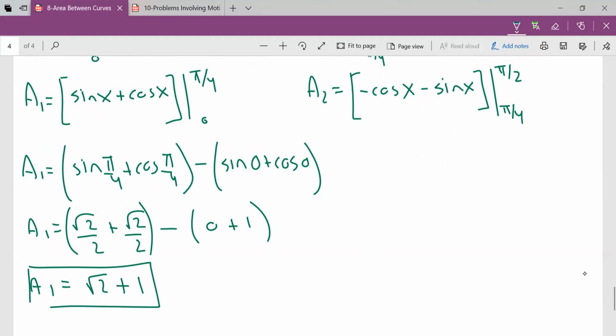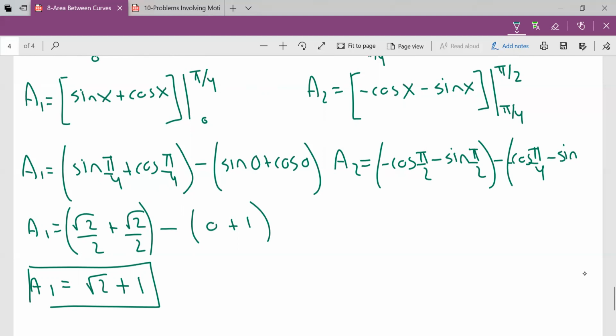Okay, coming over here to area 2 then. Area 2, again, we're just evaluating this thing. So we have negative cos x at pi half minus sine at pi half, minus, I'm getting a little squished here on the corner of my screen, minus cos at pi quarter minus sine at pi quarter, like that.